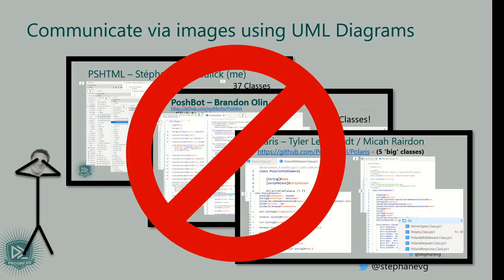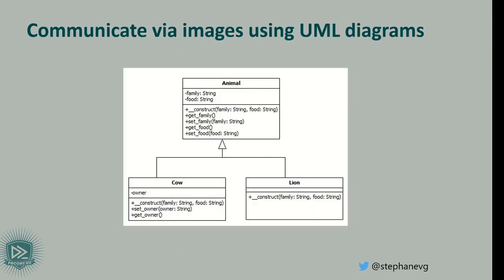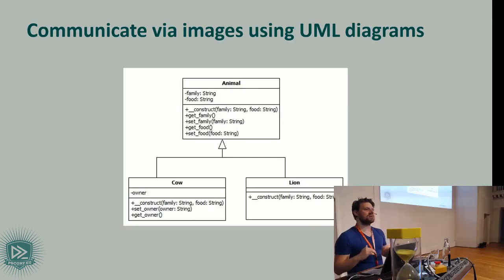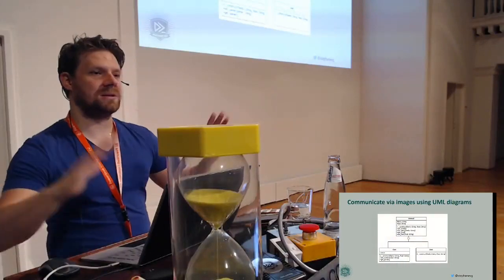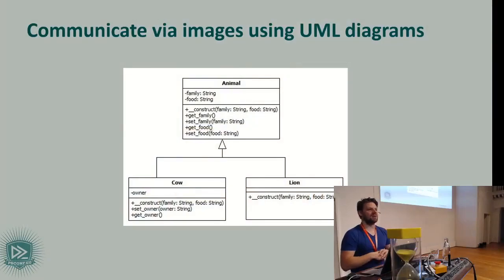And so there's this thing called UML, which stands for Unified Modeling Language, which has been there forever for developers to communicate the structure of their classes. We can see here a very basic example. We have animal at the top, cow and lion, and it makes sense.